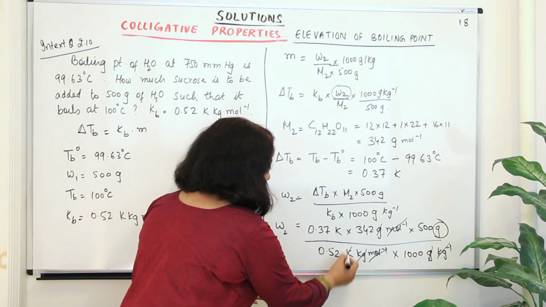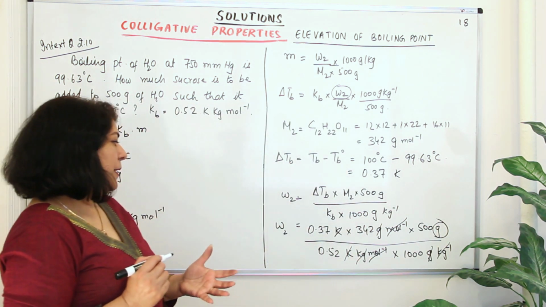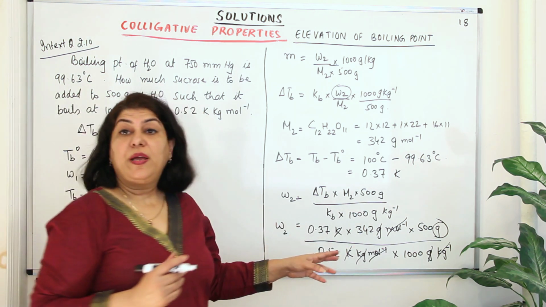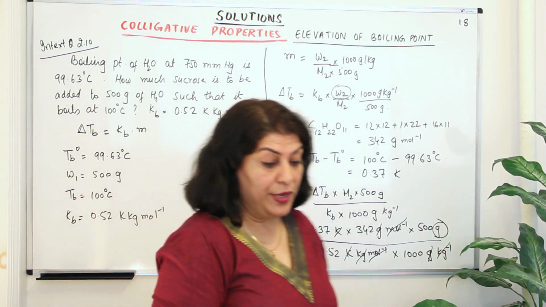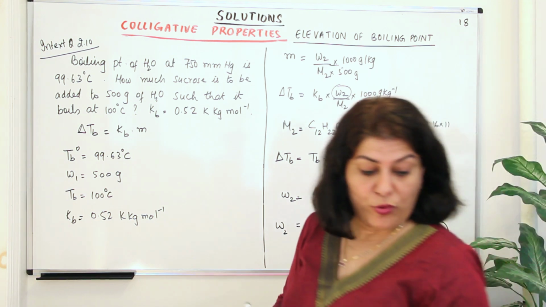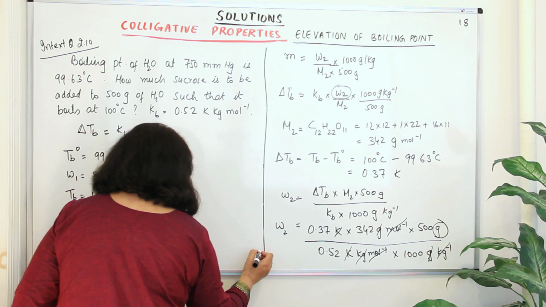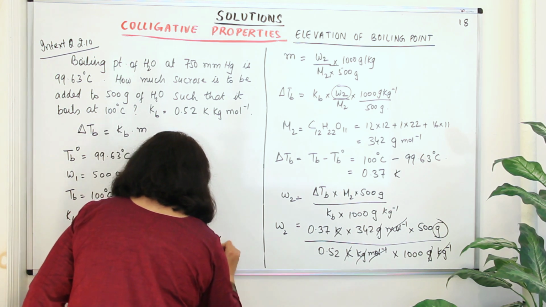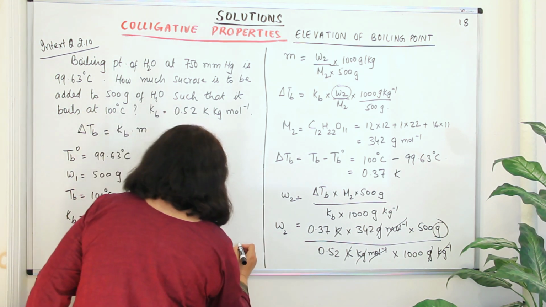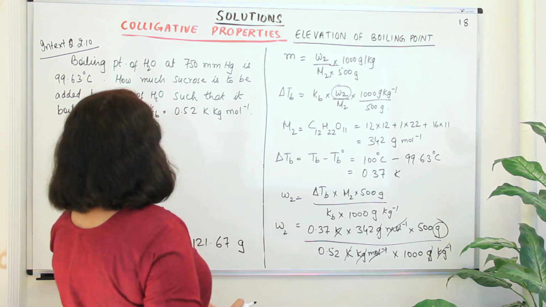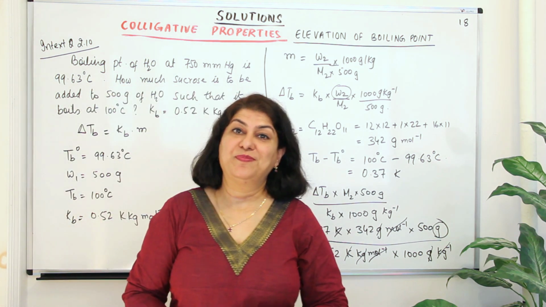The Kelvin and Kelvin here get cancelled. So now when you solve this, you'll arrive at the answer you're looking for, and this comes out to be 121.67 grams.